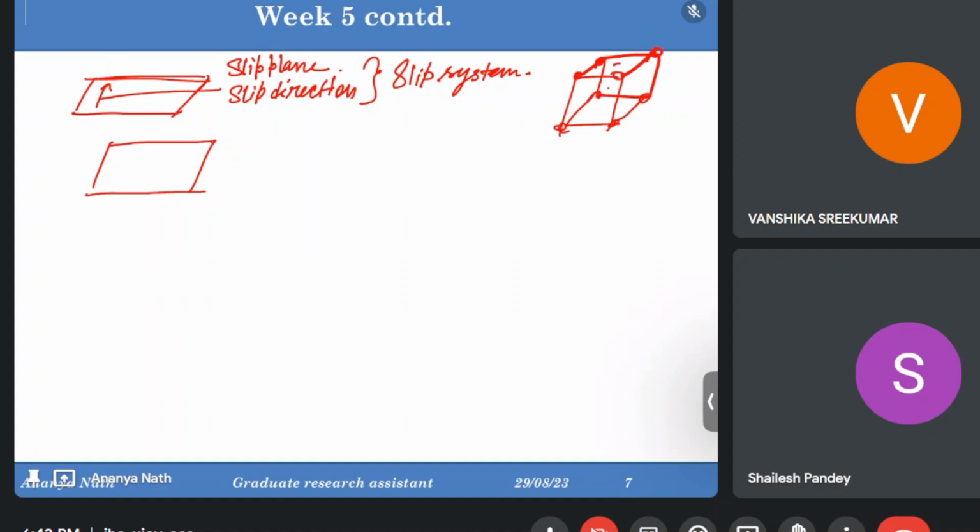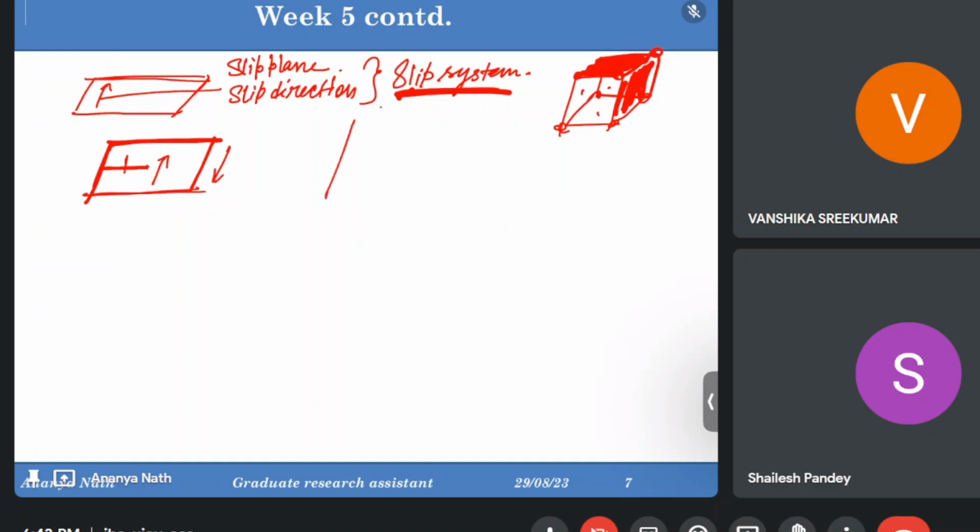If this is a face centered lattice, then every face will have an atom at the middle position. So this unit cell is having 6 planes. In a similar manner, this is a plane, for example, which is having the slip system of that lattice. Now this plane is having one dislocation, meaning there is a gap or an extra half plane in that plane. This is the dislocation, and this dislocation is moving in this direction.